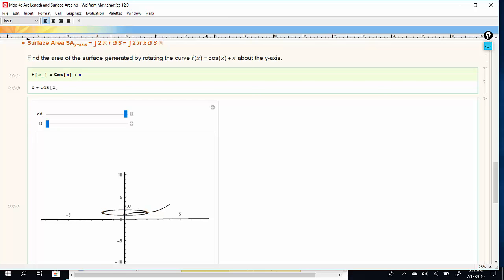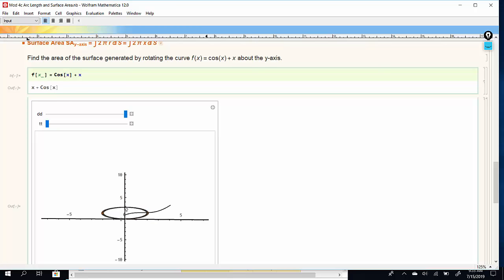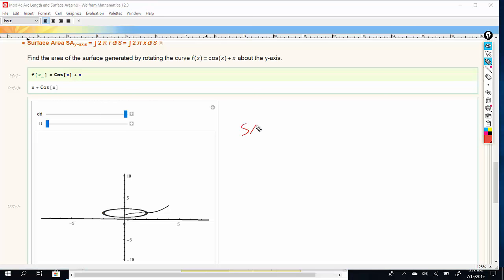Now once again, in the same case, we're going to take that arc length and rotate it around some circular path. So my expression for the surface area rotating about the y-axis starts in the same place as it did when I was rotating about the x-axis. In other words, my surface area is going to be the integral of 2 pi r ds, just like before.